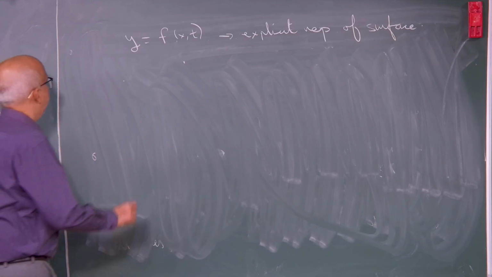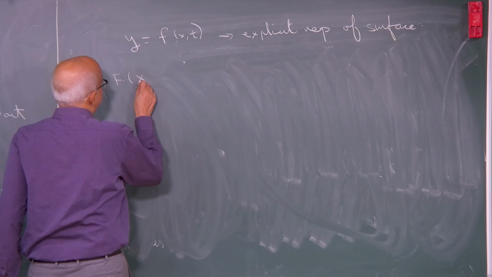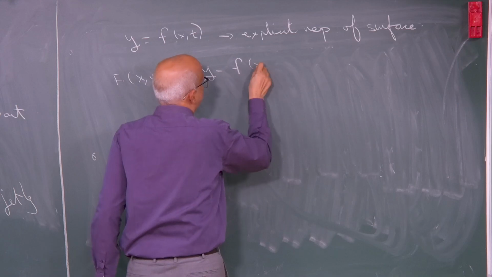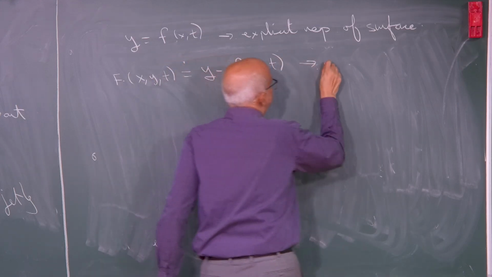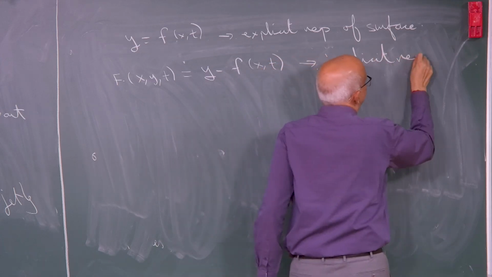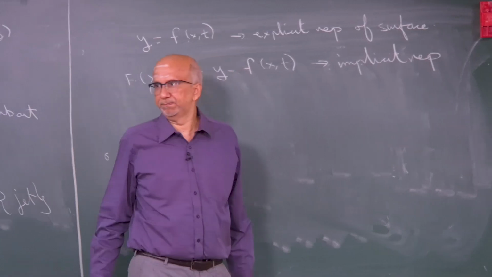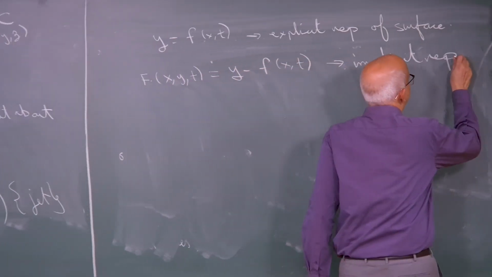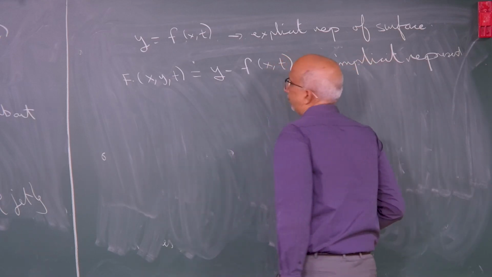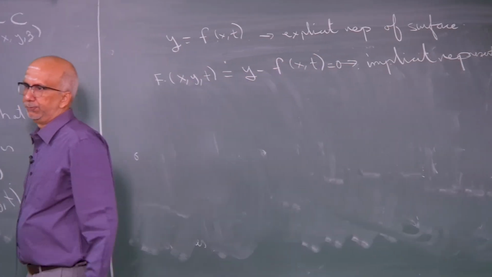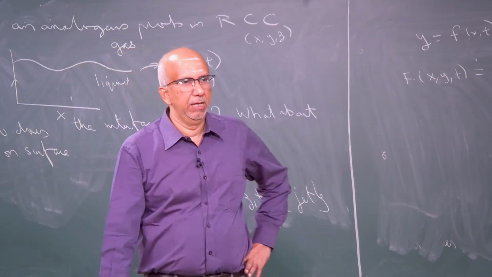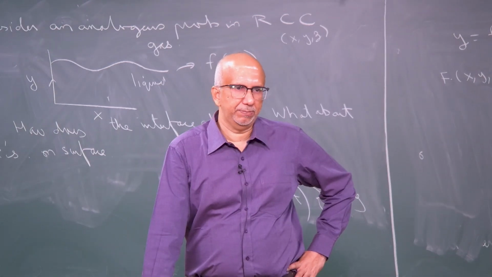An implicit representation will be capital F of x comma y comma t equals y minus f of x comma t, equal to 0. So, capital F is just an implicit way of representing the surface, and small f is the explicit representation.